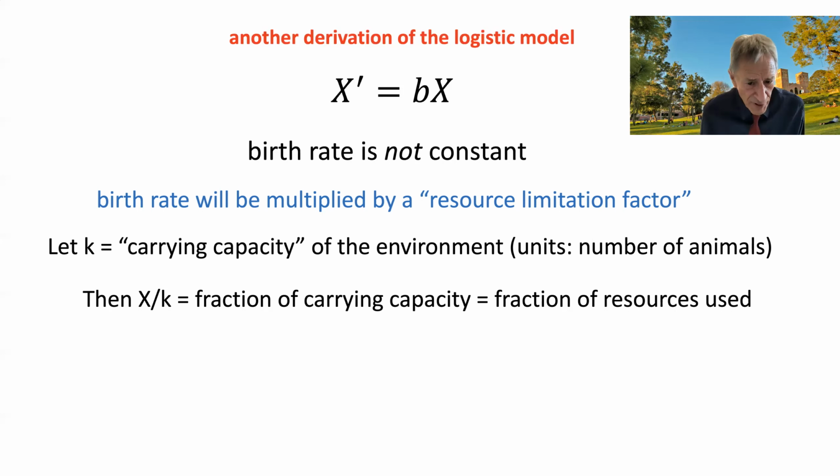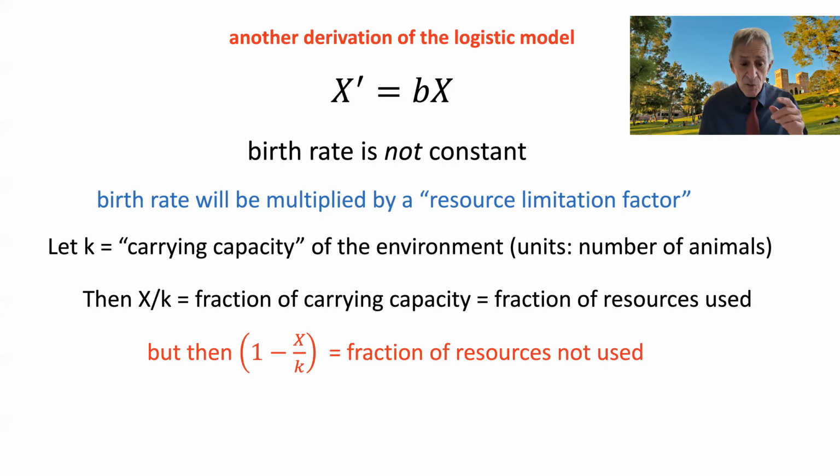It's the fraction of resources that are currently being used by the X number of animals. And notice, by the way, that if X equals K, then the fraction is 1. And the fraction of resources that we are using is all of them, or 1. So X over K is the fraction of resources that are being used.